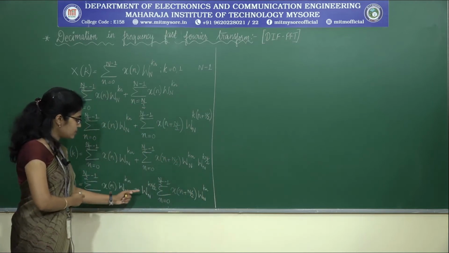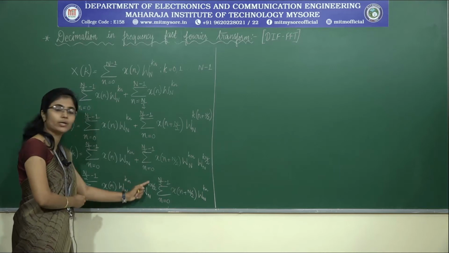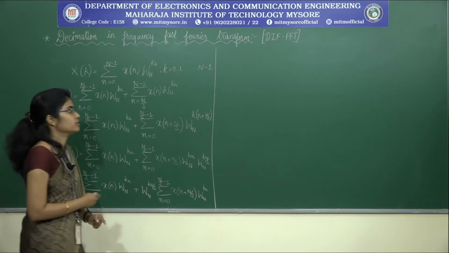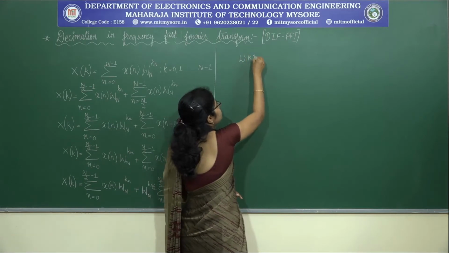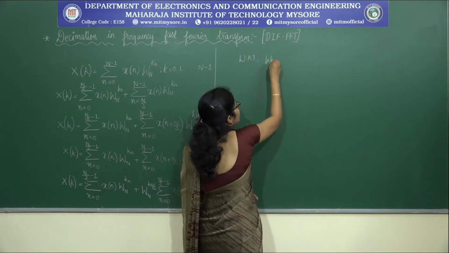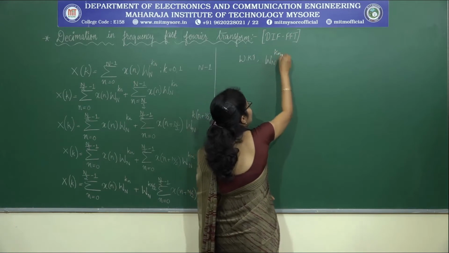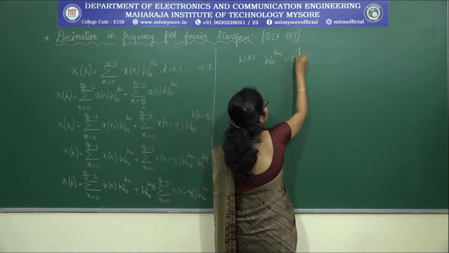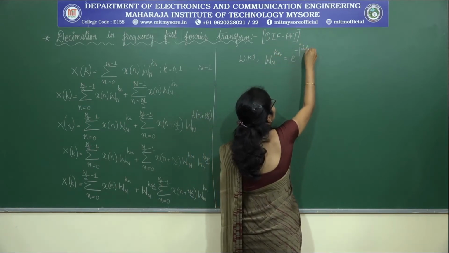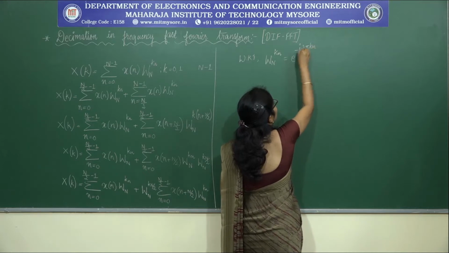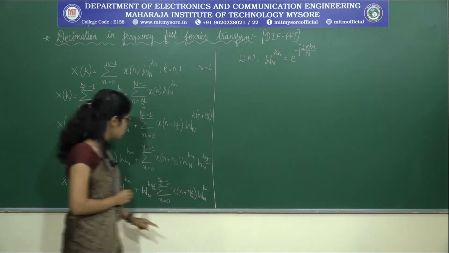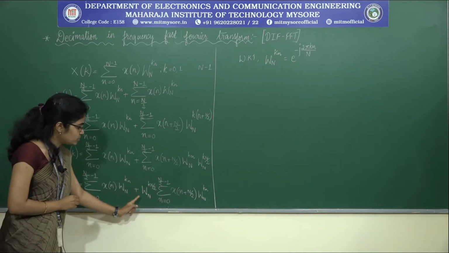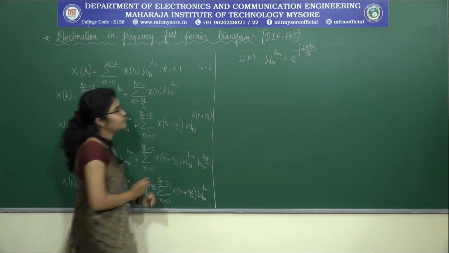Now let me simplify and see what I am going to get for this particular twiddle factor term. We know that omega N to the power of kn is nothing but equal to e power minus j 2 pi kn by N, correct? The standard term. Now which value should I find out? The value for this particular twiddle factor term. So let me rewrite that.